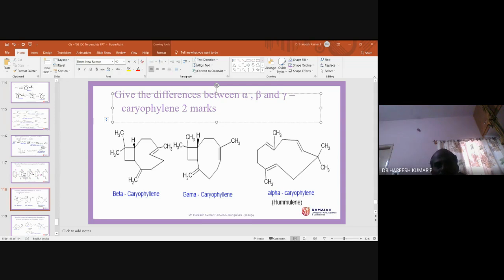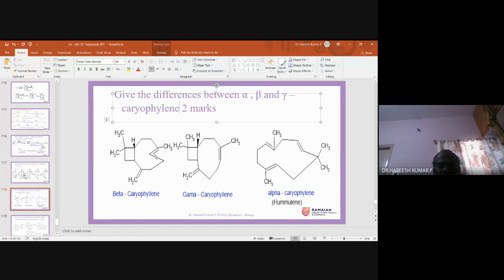The difference between beta caryophyllene and gamma caryophyllene: beta caryophyllene is a trans isomer, whereas gamma caryophyllene is a cis isomer. When we talk about geometrical isomerism, this particular double bond does not exhibit it.